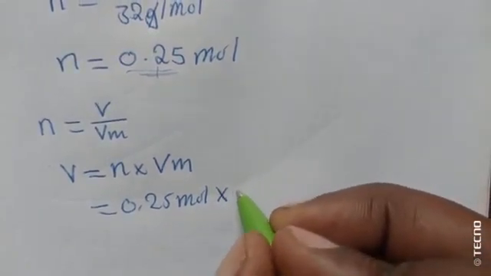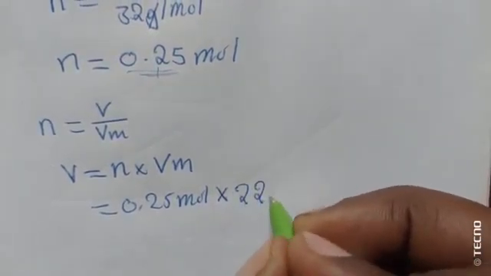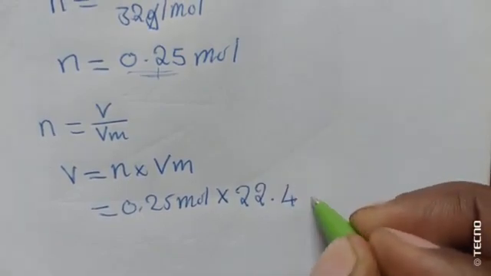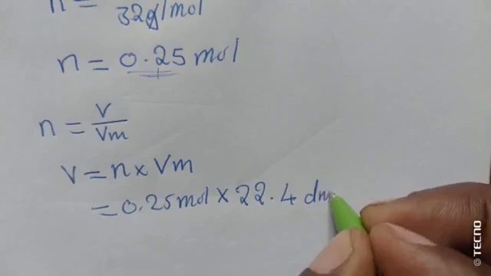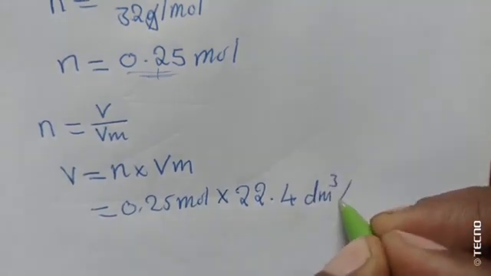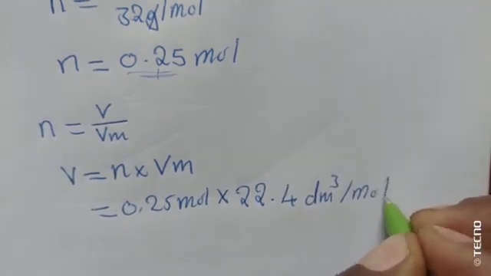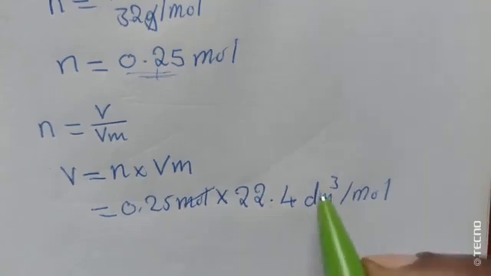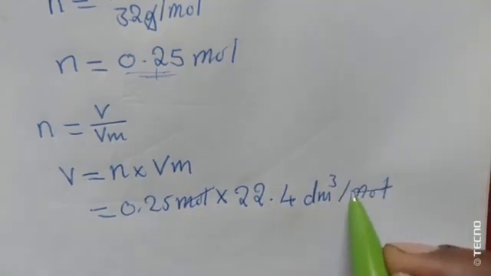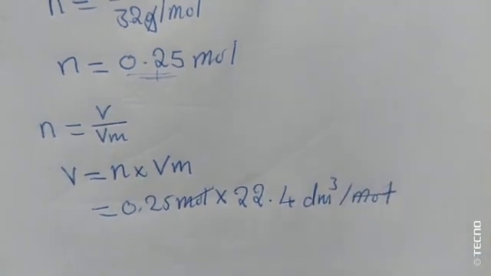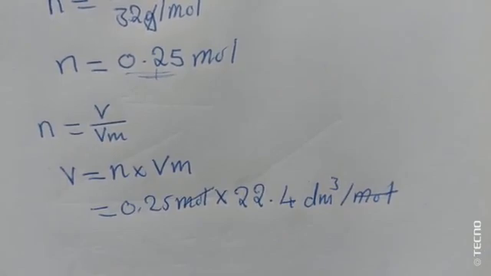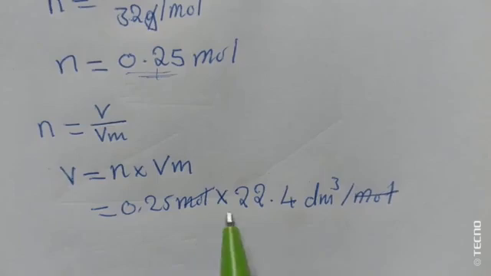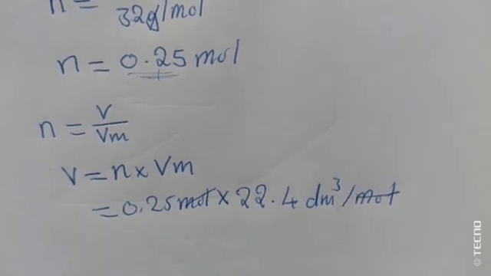Replace here, so it's going to be 22.4 decimeter cube per mole. Then you cancel the mole with the mole, and what you remain with is just the decimeter cube, because volume in this case is in decimeter cube.